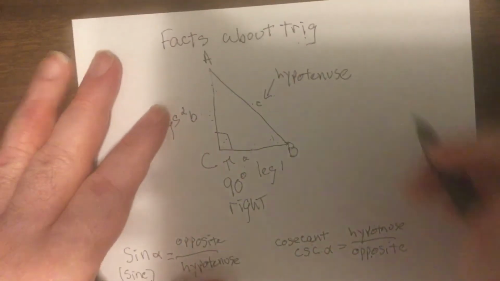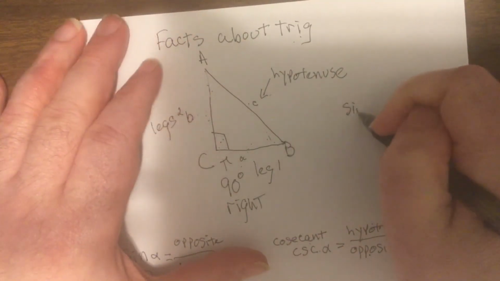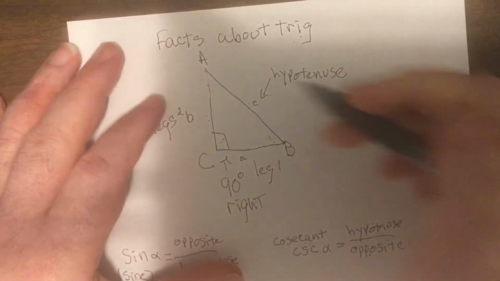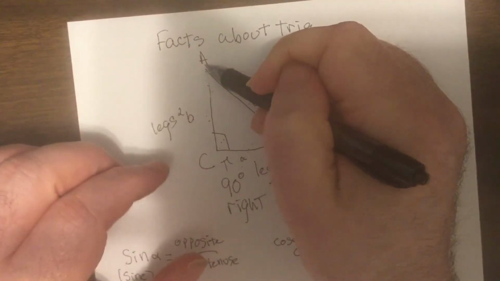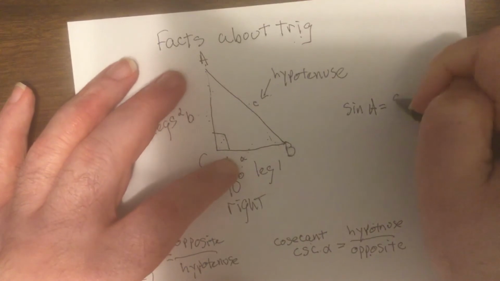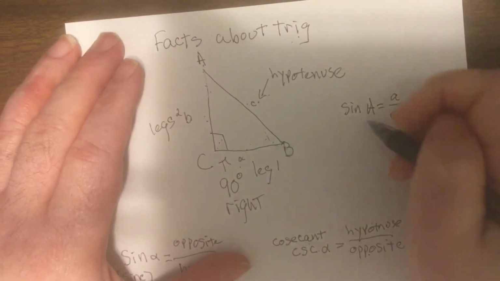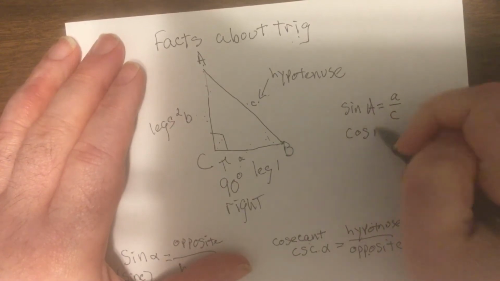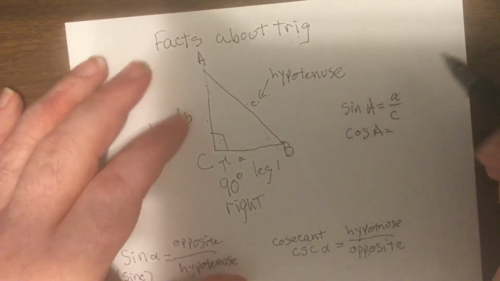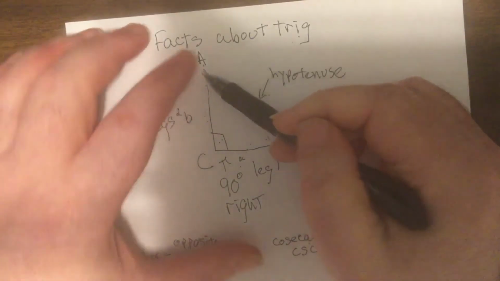So if I said, what is the sine of A? You would go to angle A and say sine is opposite, which is A, over hypotenuse, which is C. What's the cosine of A? Cosine's adjacent.